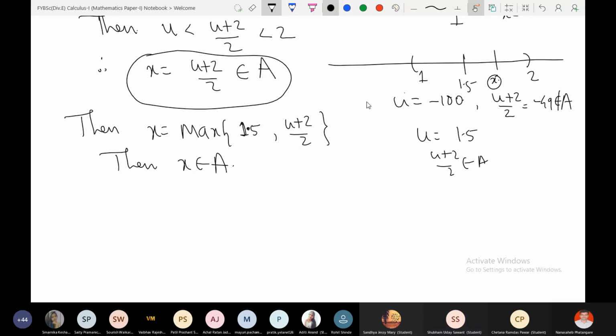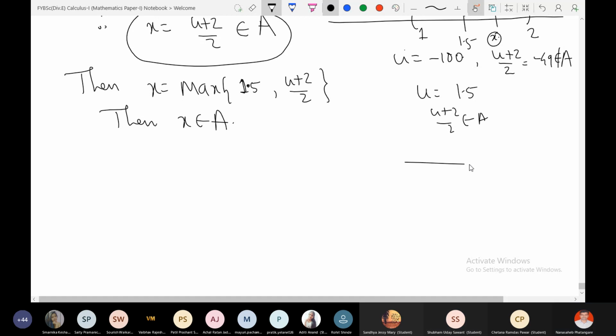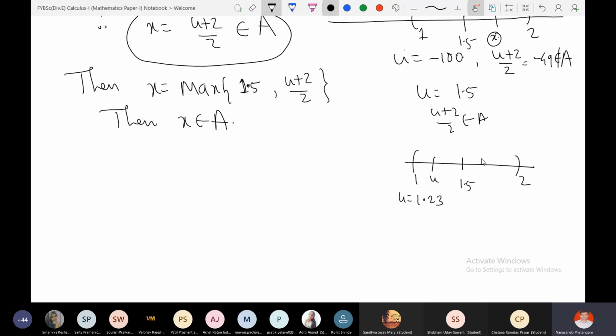Let me make this more clear. So this is 1, this is 2, and suppose I take u equal to 1.23, right? u is here and 1.5 is here, and this is the mean, (u plus 2) by 2. Which is the maximum in this case? The arithmetic mean, right?